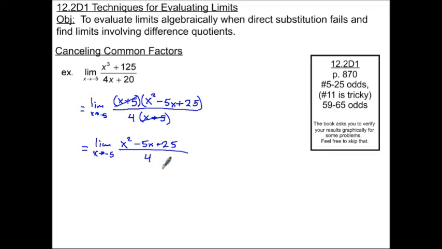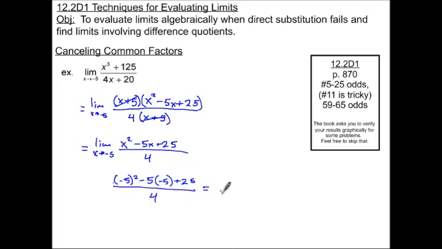Now if I plug in my negative 5, I don't get a zero denominator. So I can simply plug in the negative 5, get negative 5 squared, minus 5 times negative 5, plus 25, all over that nice pretty 4 on the bottom.